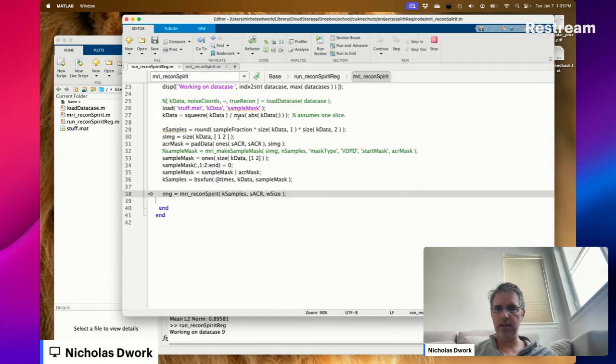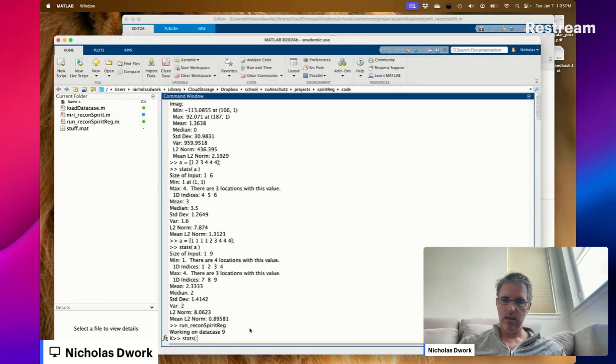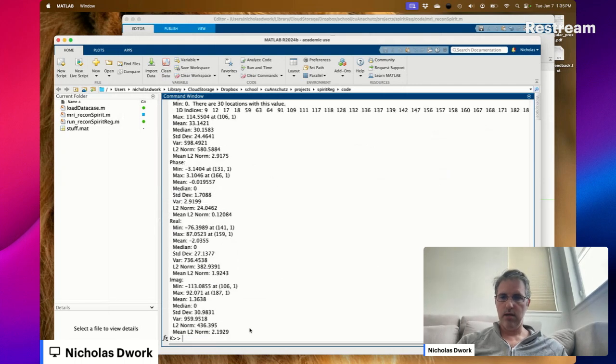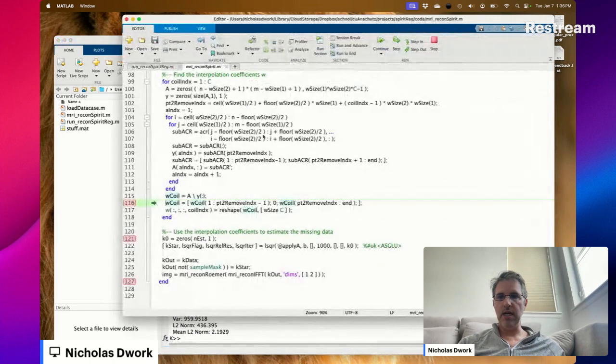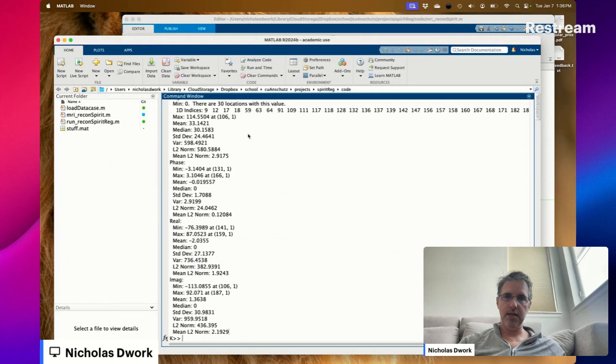Okay, now I want to run this. I want to see where there are the minimums: 9, 12, 17, 18, 59. Great. Now I want to see the corresponding location of A. So what is A of 59? What are its values?